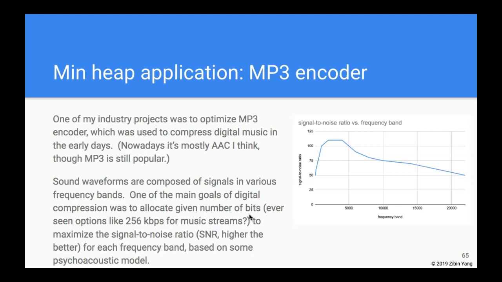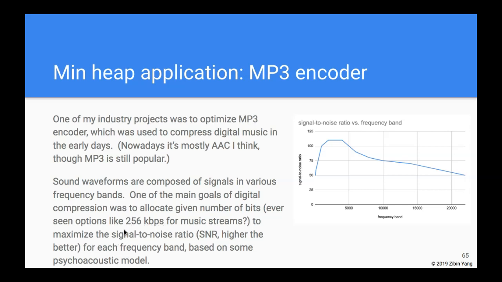Number of bits just means, if you've seen these terminologies before, when you're encoding a piece of music, you have the choice of picking maybe 128 kilobits per second, or 256 kilobits per second. That just means for every second of sound, you have 256 kilobits to use to encode your music. Okay, so that's what that number means.